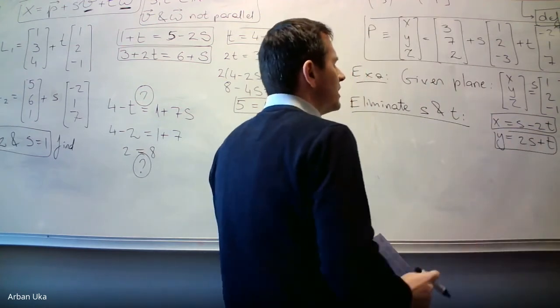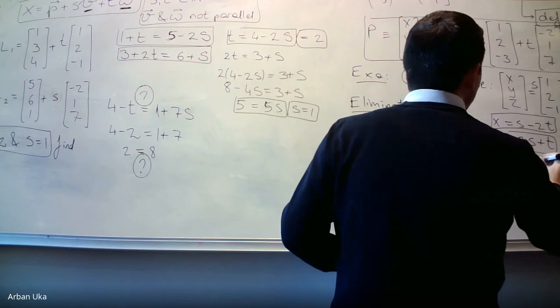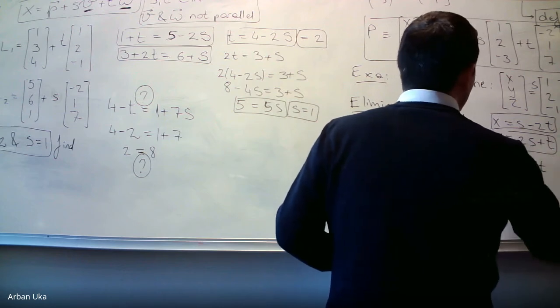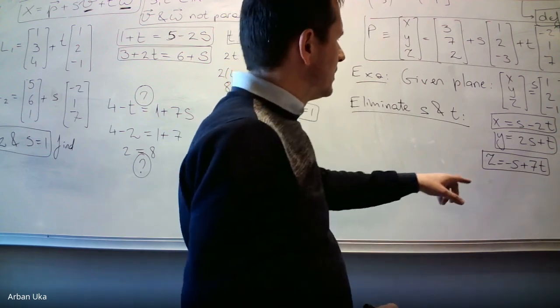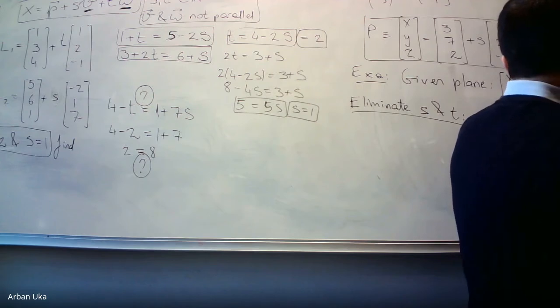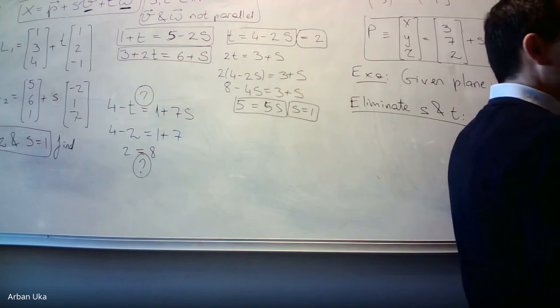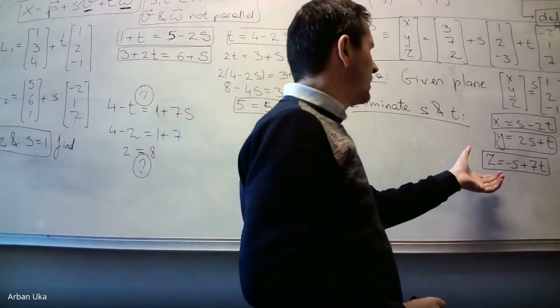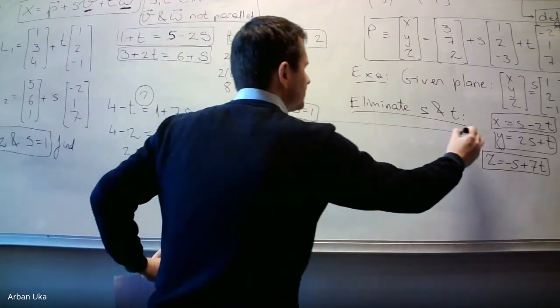We can also use the last equation, which is z equal to minus s plus 7t. Now, in this expression, s we can write as a function of x and t, and t we can substitute as a function of x and y.